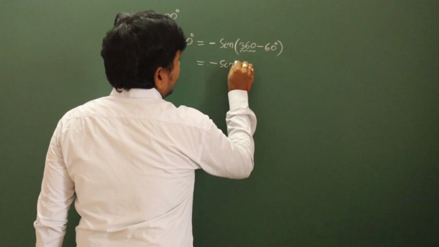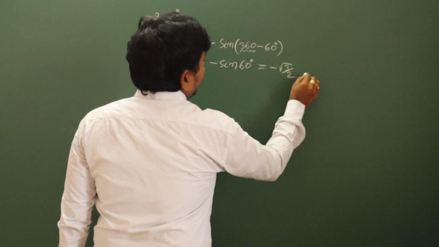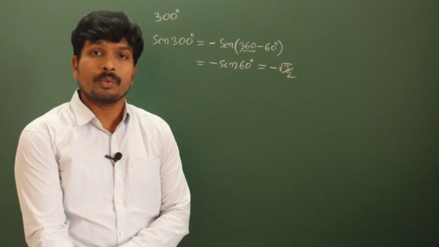So sine 60 degrees, whose value is root 3 by 2. So your answer is minus root 3 by 2.